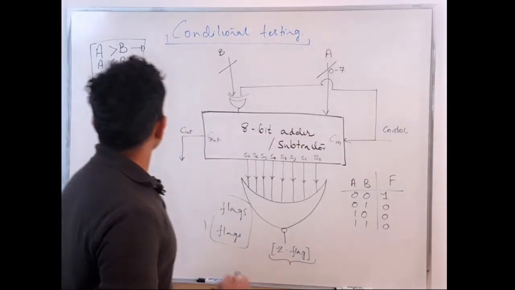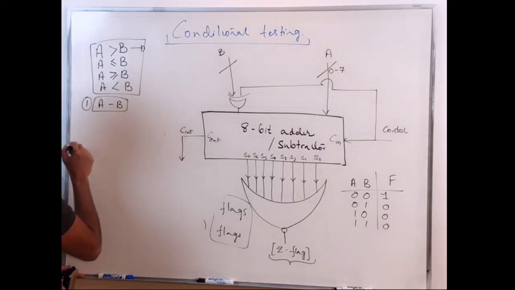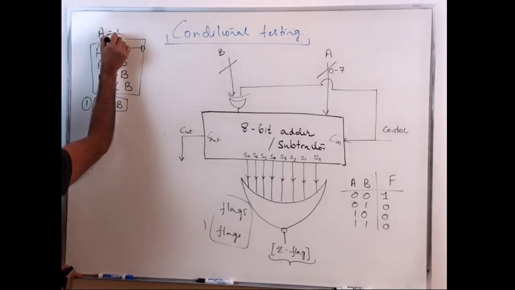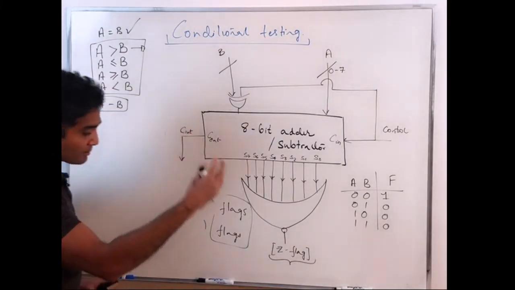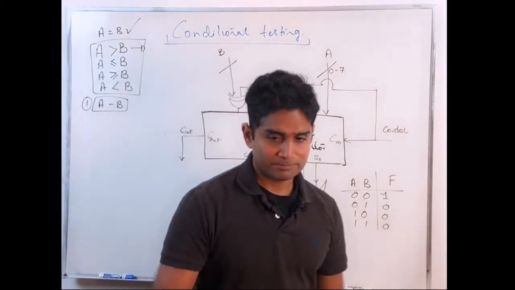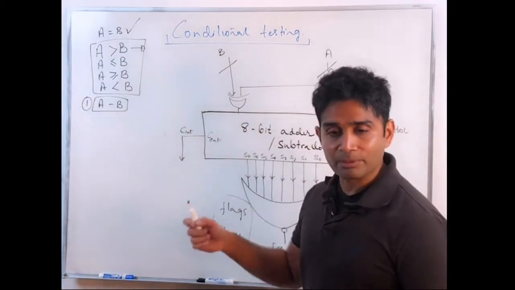Again, whenever I'm testing these conditions, the first operation I'm doing is A minus B. Of course, I've already done this. The first operation is A minus B, and then based on the result, I can come up with my flag.